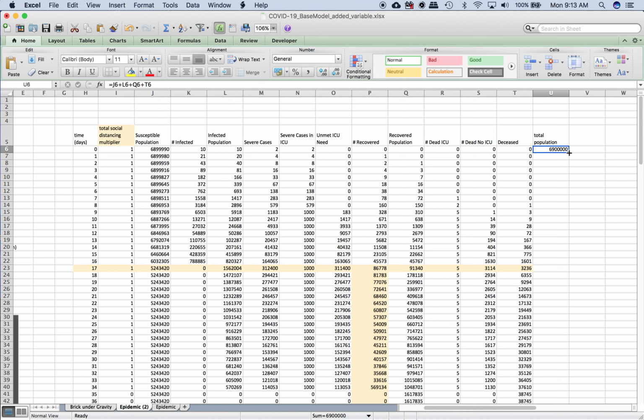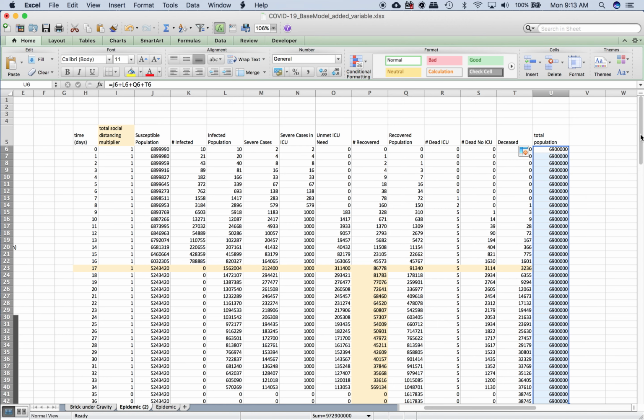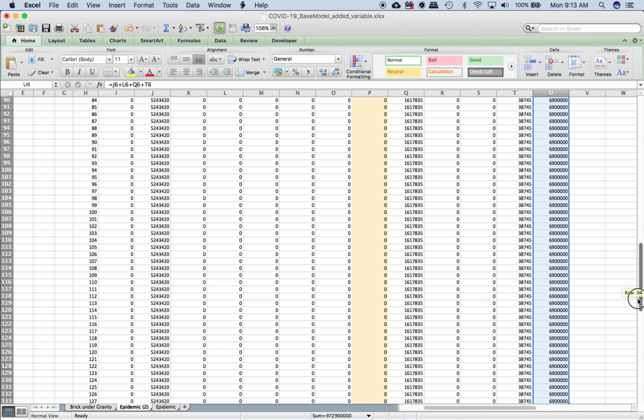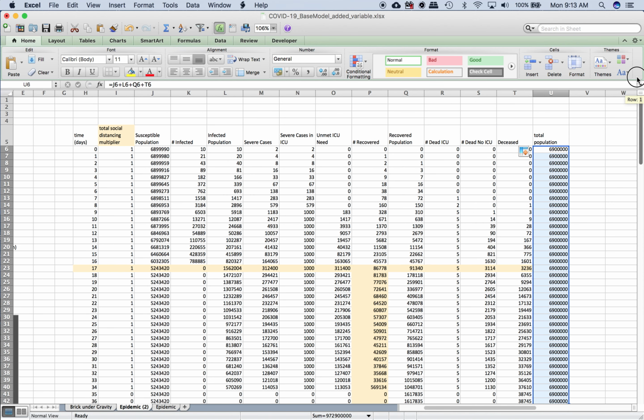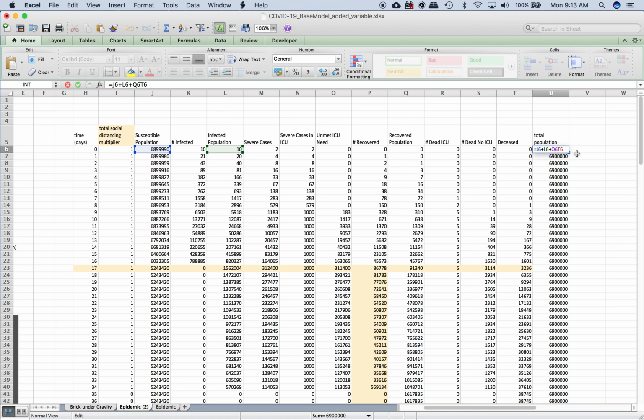If I double left click on this and scroll down, it should always be 6.9 million. But I don't want the total population, because the deceased have to be subtracted. So I want to put a minus sign there because they're no longer in your population.